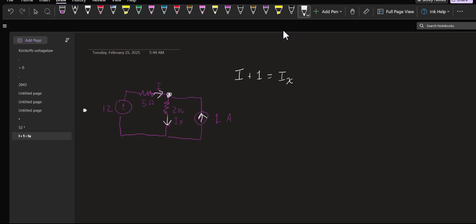The right-hand loop is not really set up well for KVL because we don't currently know the voltage across the current source. So current sources are difficult to use in KVL, but we do know this one.